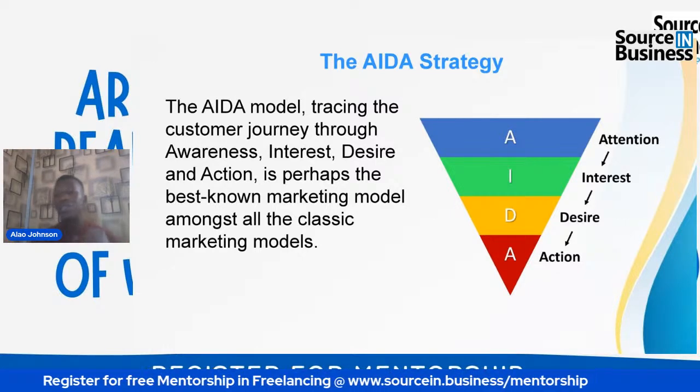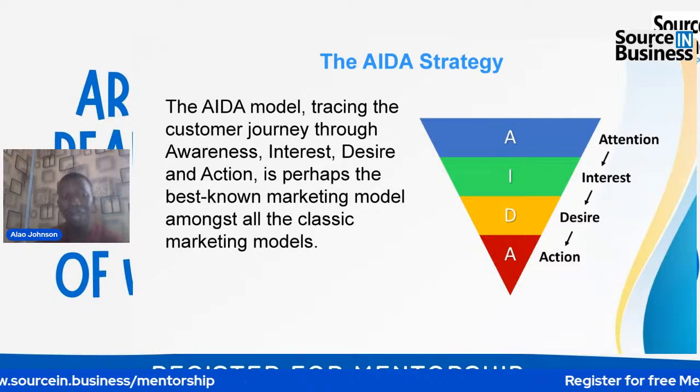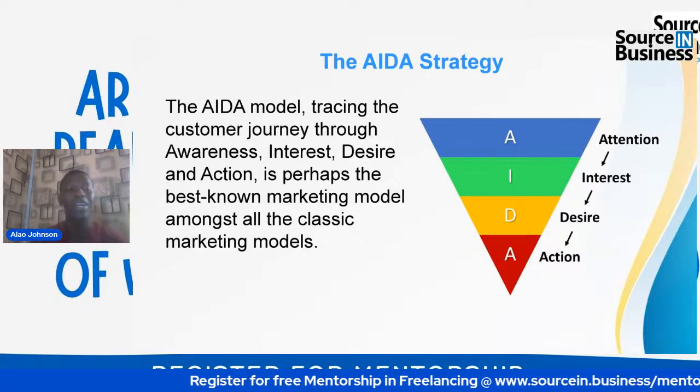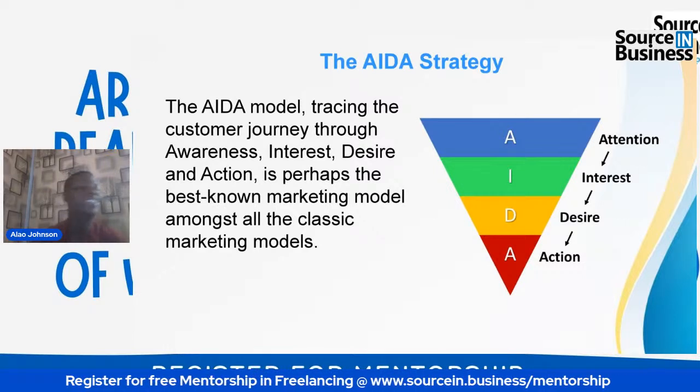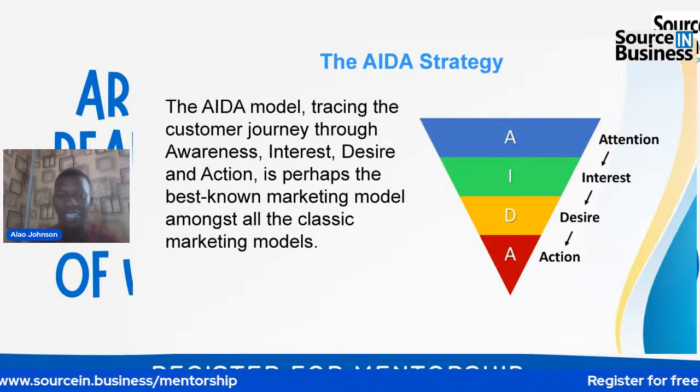Then the next one is going to be a lead magnet. I'll still explain what lead magnet means in the second lesson. You are going to give them a lead magnet, something that will make them have interest in you, because a lead magnet is a bribe. That's my own definition for lead magnet. Those of you that are not familiar with lead magnet, I'll still explain in my next class.